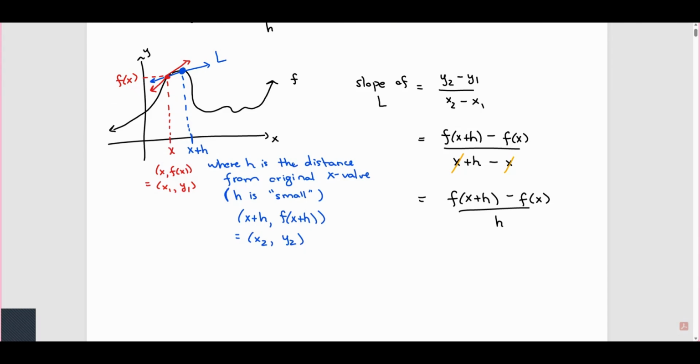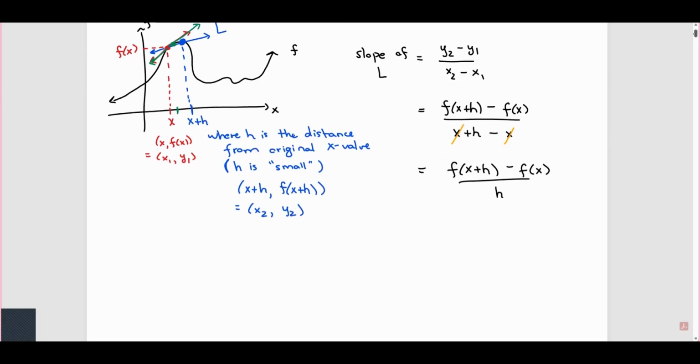So if I moved it a little bit closer, say to here, to make a new point, this green point, now look how close it is to my red line. It wouldn't be exact because it's still next to the red point, but it's getting closer and closer as I let my new point approach the original point. And so this new green point would be like x plus h with a smaller h value, like x plus some smaller distance.